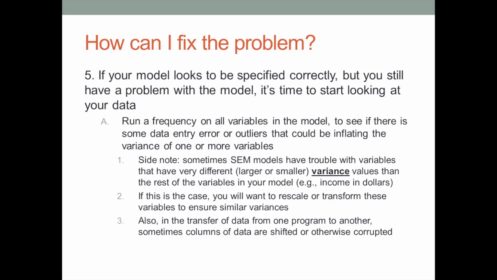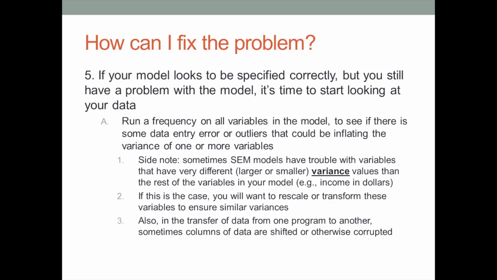And a lot of times the problem is extreme outliers, a lot of missing data, data entry errors where you'll have a scale of 1 to 5 and somebody's got a value of 300 or something like that.